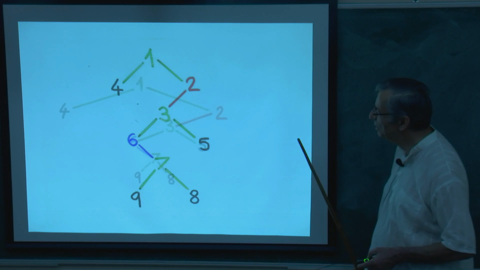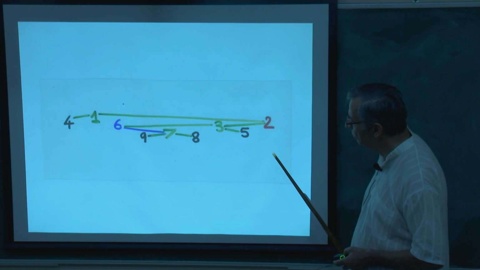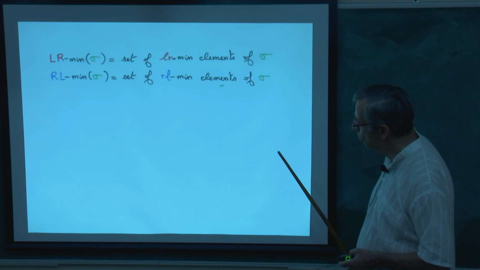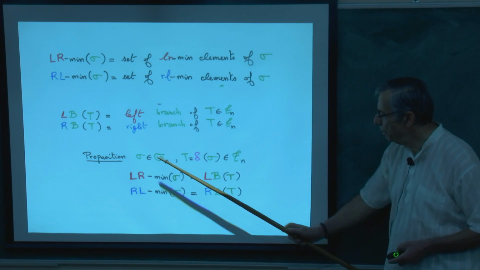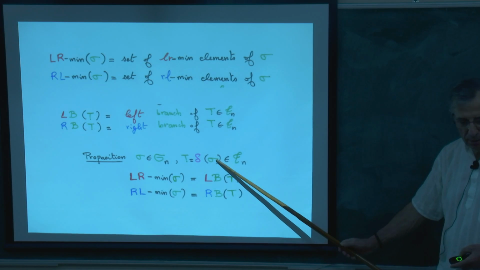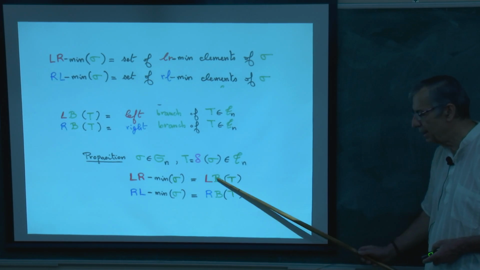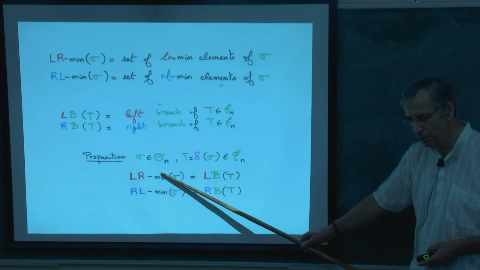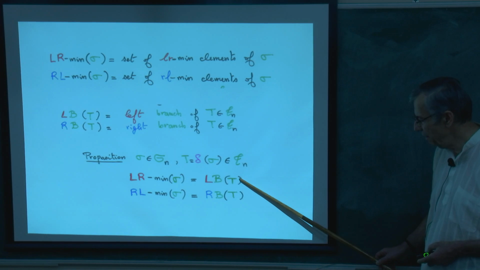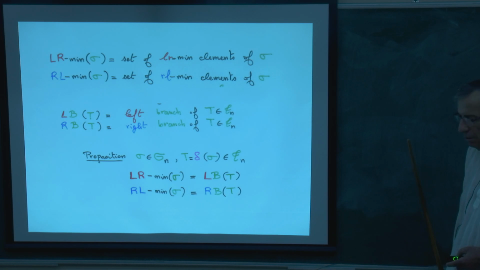And this is going to be related to the left-to-right minimum element. So proposition: if you have a permutation, and you have the related increasing binary tree, then the left-to-right minimum elements of sigma are exactly the left branch. The vertices, the values, are exactly the vertices of this left branch of the tree T, and the right-to-left minimum elements are exactly the vertices of the right branch.